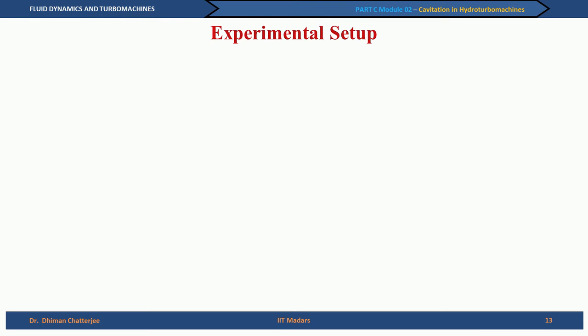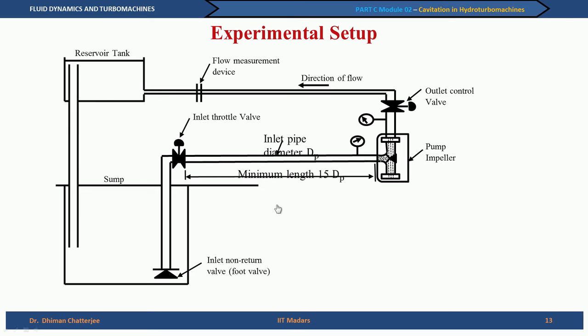So, how do we do experiments? Suppose we want to do experiments in the laboratory. One possible setup is like this: you have a pump here, a sump, a non-return valve or a foot valve, and a valve to control the flow rate. You have a pressure gauge at the suction side, a pressure gauge at the delivery side, an outlet valve, and it goes to the reservoir tank. So, what you can do?